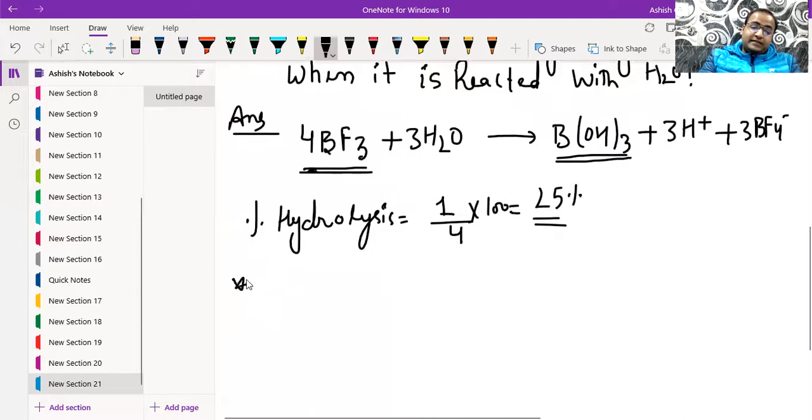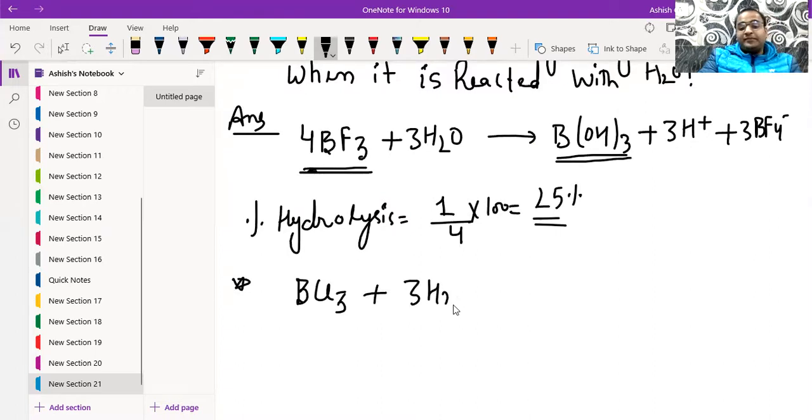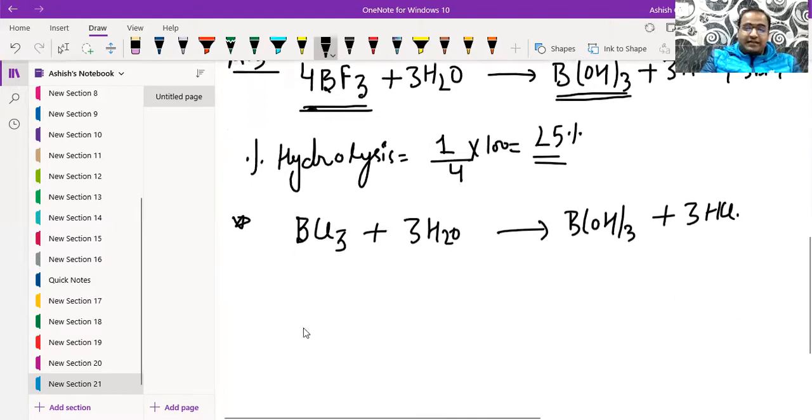अब आप सोच सकते हैं, sir tell me one thing, when BCl3 is reacted with water, what is the product I will get? It is B(OH)3 plus 3 moles of HCl. Now sir tell me, why in this particular case am I not getting BCl4-, that is the partial hydrolysis of BCl3? What is the reason behind this?